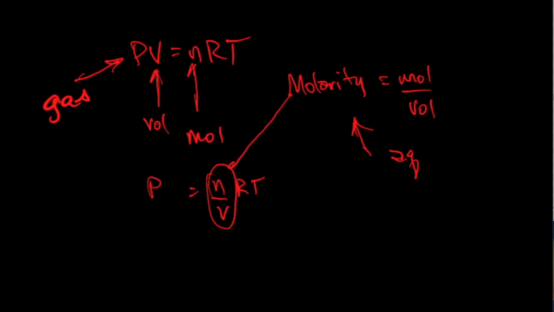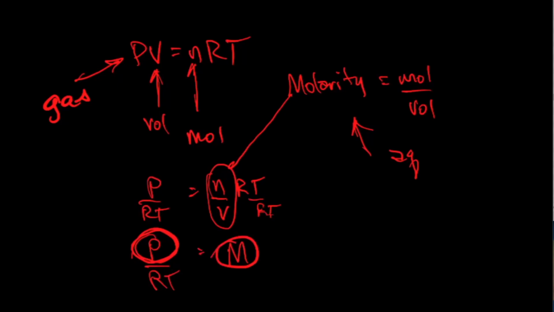All we've got to do now is remove RT, and we can do that by dividing both sides by RT. So molarity for a gas is equal to the partial pressure over RT. That's why we can say that if we know the partial pressure of the gas, we can also calculate its molarity, and that's why they can go into the mass action expression, because they're related. Solids and liquids cannot go in the mass action expression.